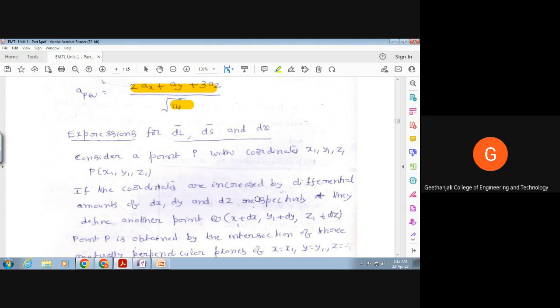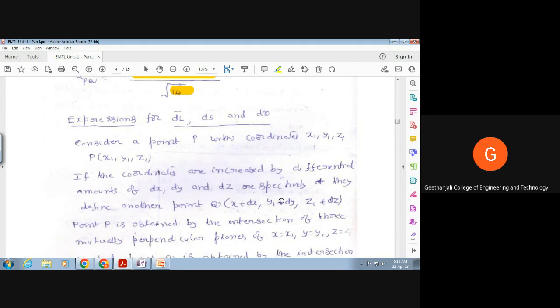For this, assume that there is a point P with coordinates x1, y1 and z1. If I increase the coordinates by incremental values, differential values of dx, dy and dz respectively, then the new coordinates are going to be x1 plus dx, y1 plus dy, z1 plus dz.